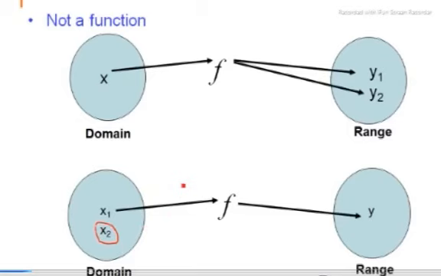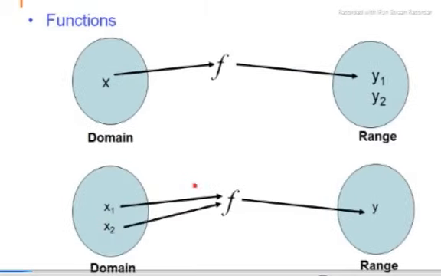Let's go back to the previous slide. Here we can see that in the first example x is related through f to a point y1. We call y1 the image of x under f, or we say x is related to y1 through f.